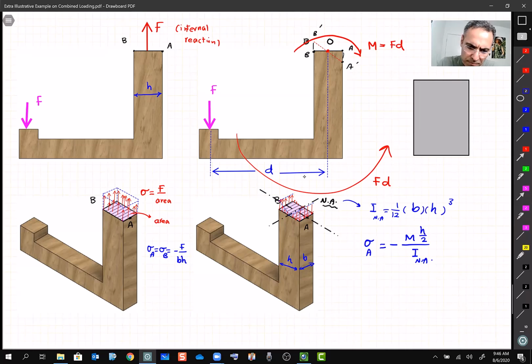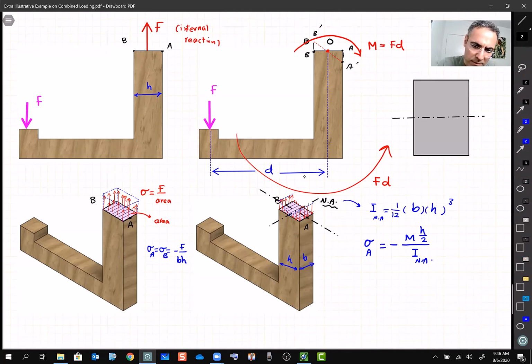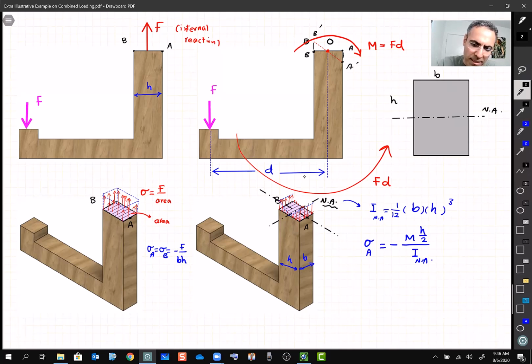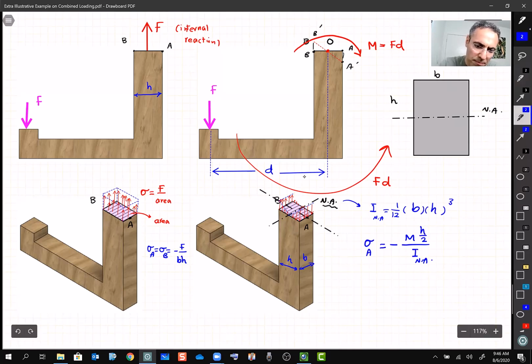So this is our neutral axis. Neutral axis is like that one. This is H, this is B, right? And this is point B, and this is point A.